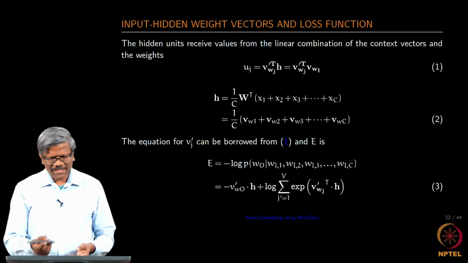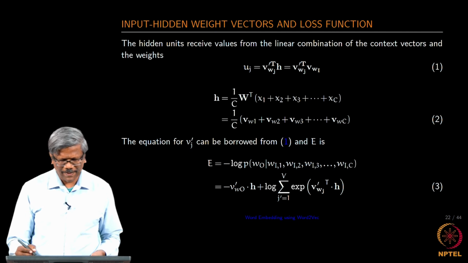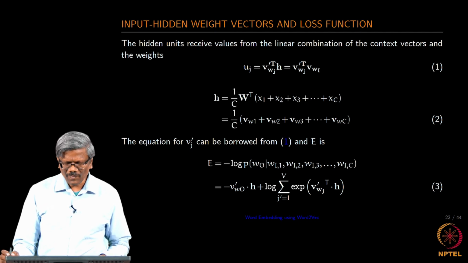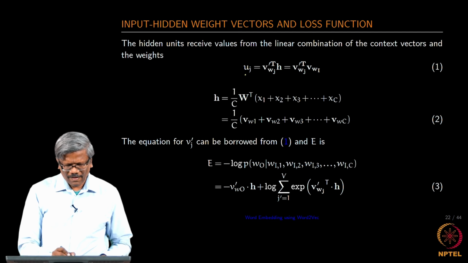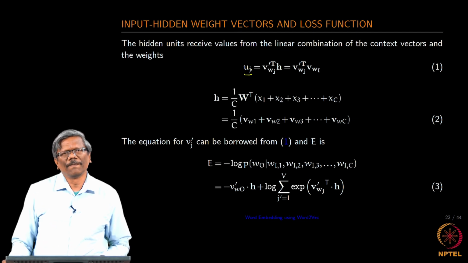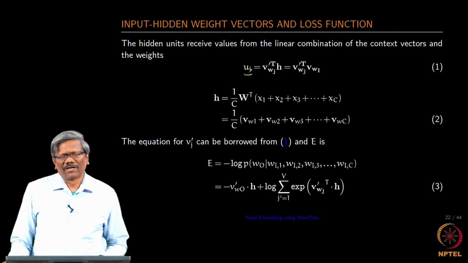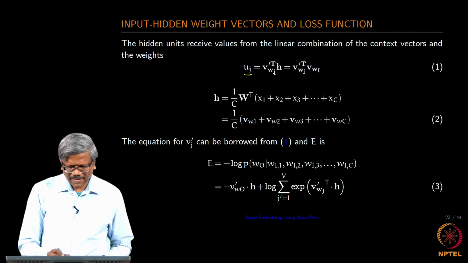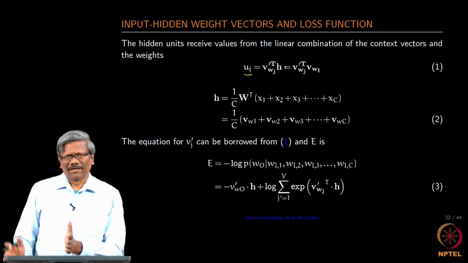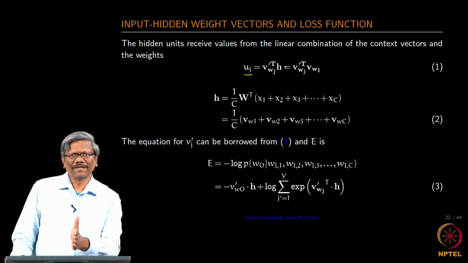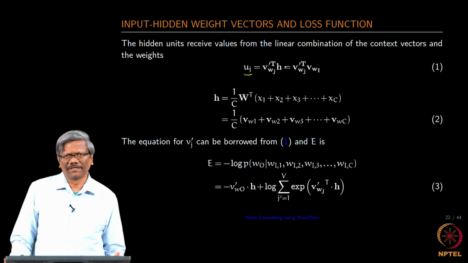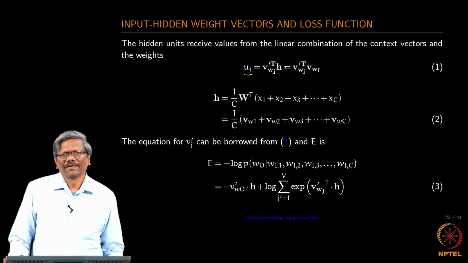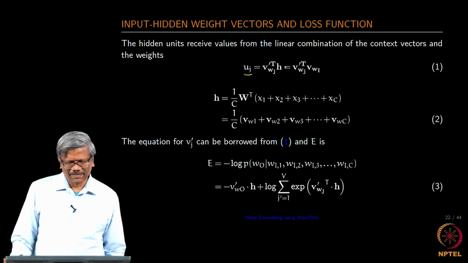Okay. So, as I mentioned earlier, this is how we compute the vectors. The uj is the context vector that you are talking about, correct. It is nothing but the context matrix that we already have, and the dot product of it with the hidden layer values.